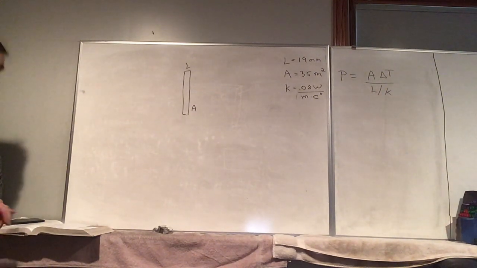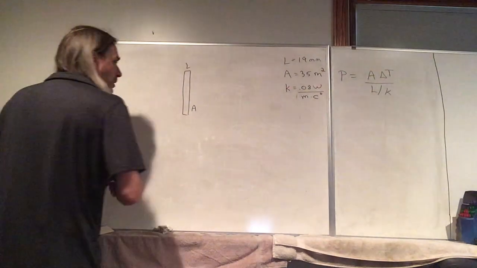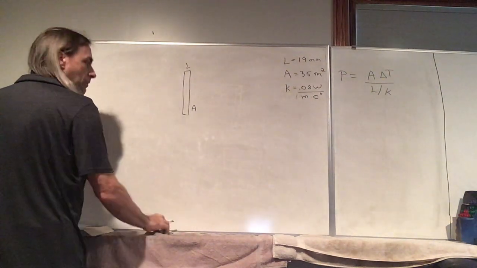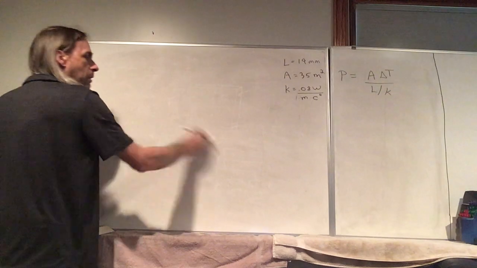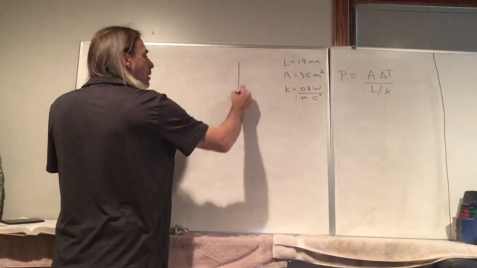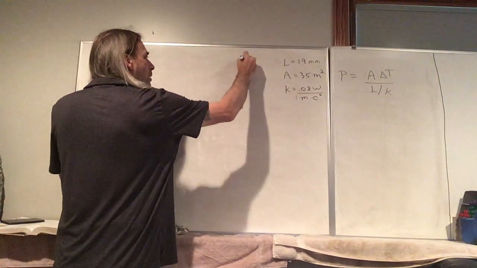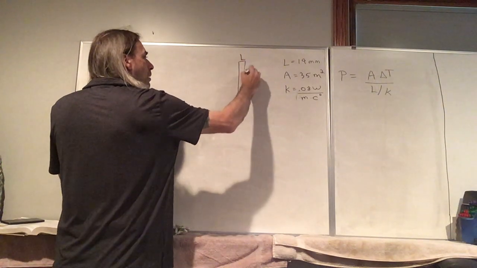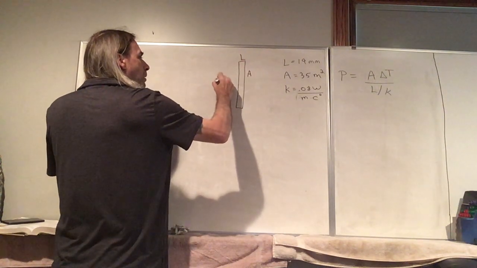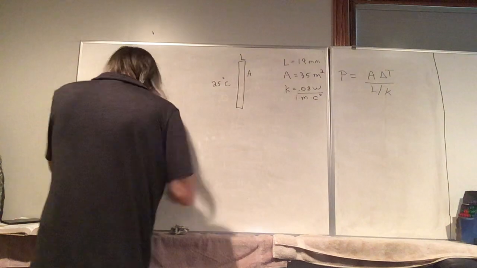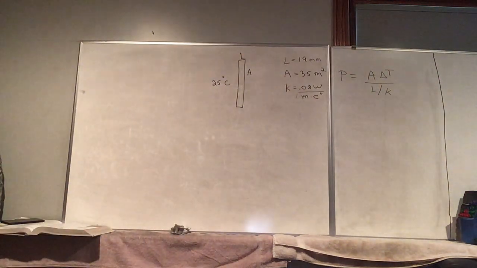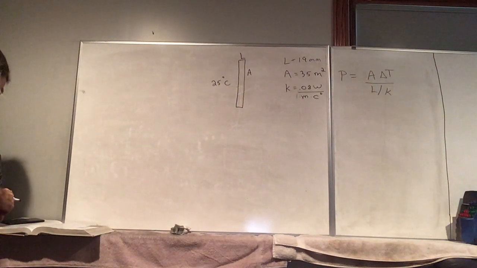Now the temperature inside the house is 25 degrees Celsius. Okay, that's just standard room temperature. That's what you want inside the house. It's cold outside though.